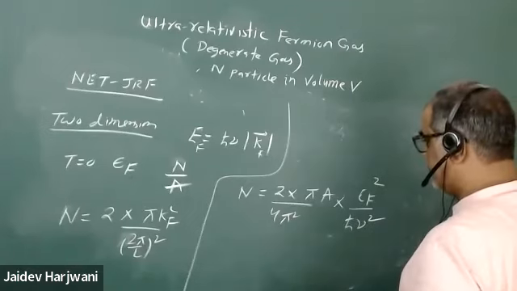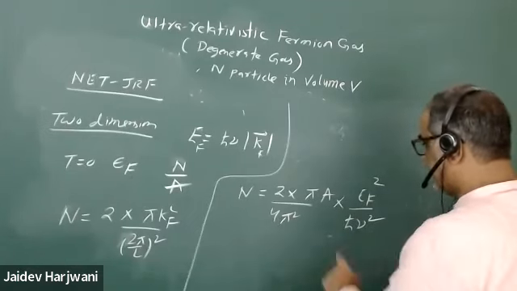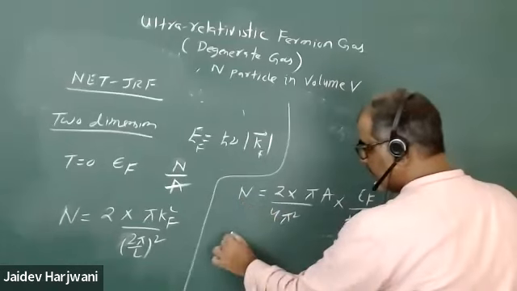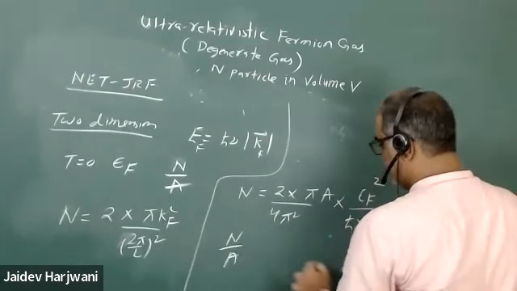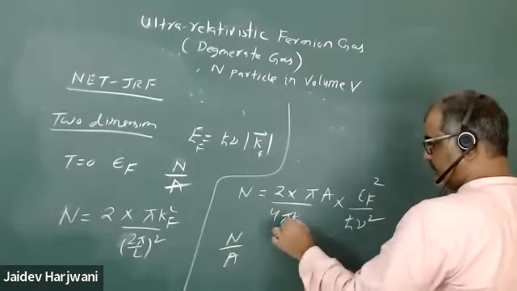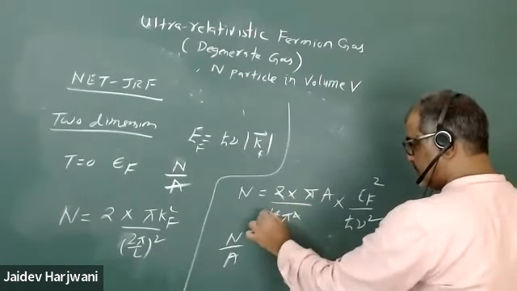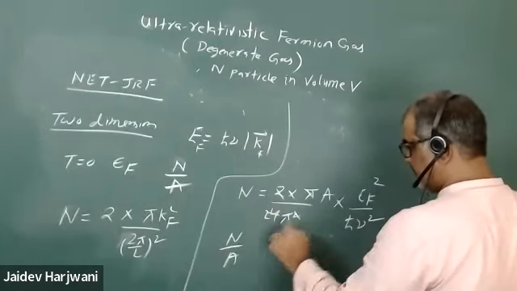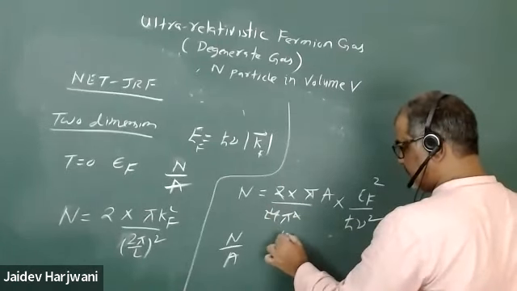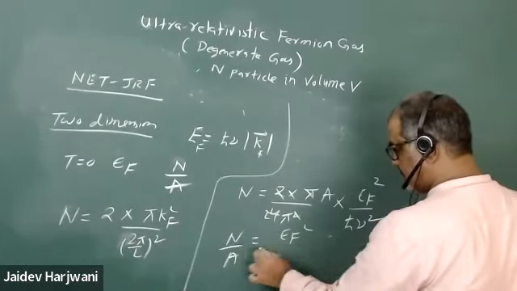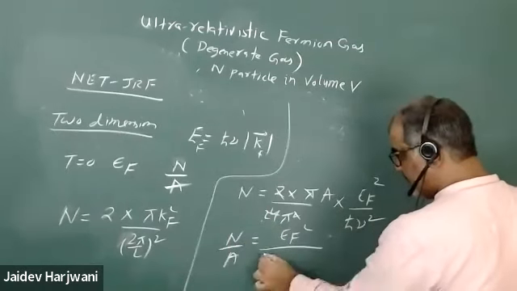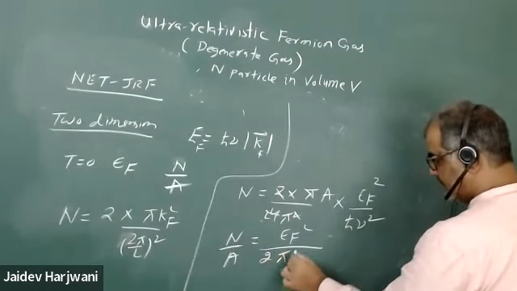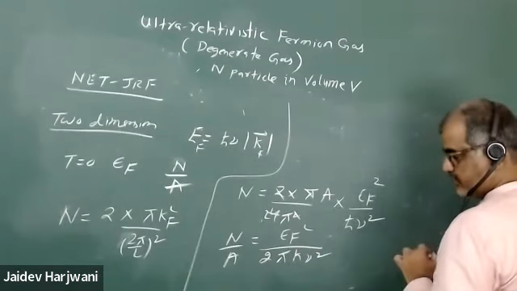They are asking the number of particles, so I just want N by A. So N by A, pi cancels, 2 cancels. So this should give me EF square upon 2 pi h cut nu square. This should be the answer.